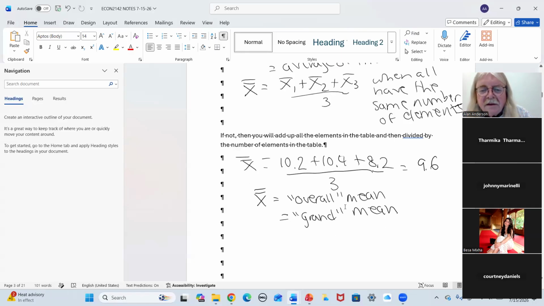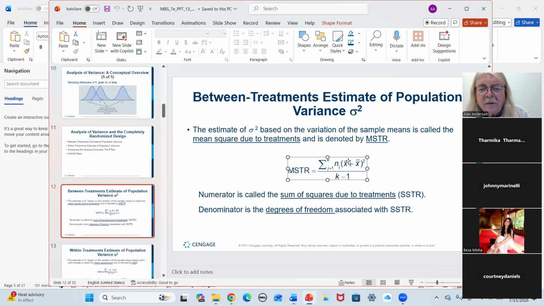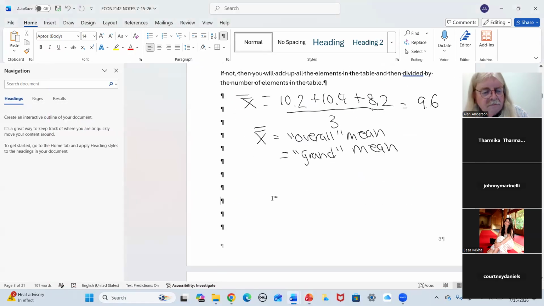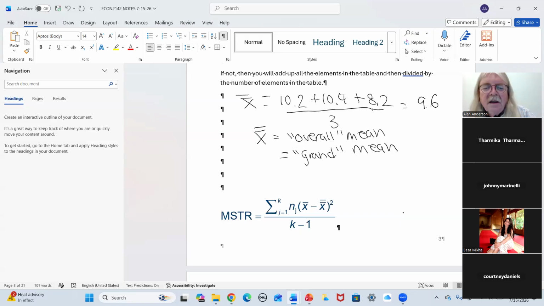So then let's look at this scary formula. Now, the way it's written, although it's not super obvious, J equals 1 to K means it's numbering the columns.